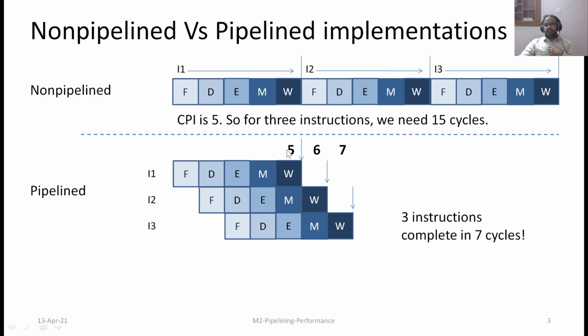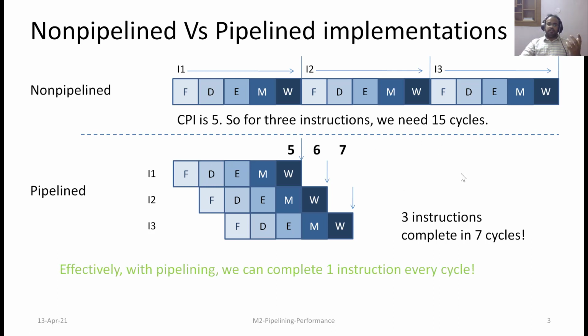So you can neglect the first instruction's overall time. In general, we can say that each instruction would complete in one cycle when we look at the pipeline implementation. And so the ideal pipeline CPI would be 1, and the non-pipeline CPI was 5.